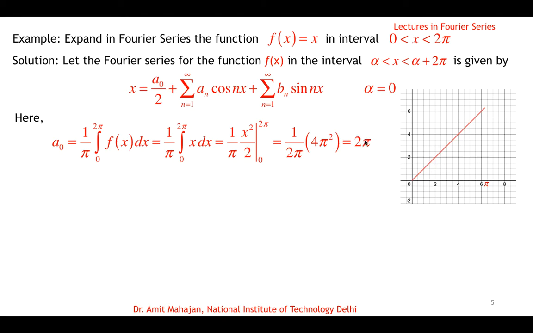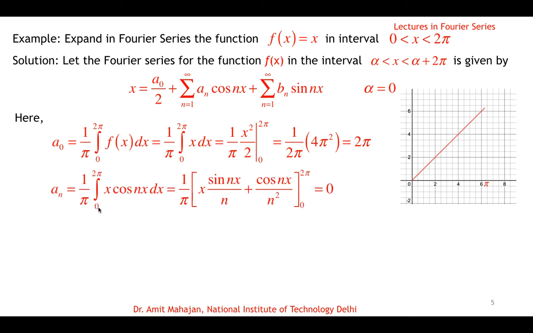For a n we know it is 1 by pi, integration 0 to 2 pi of f(x) cos nx dx, and f(x) is x. So x times cos nx is a product of two terms, so we use integration by parts. First function x, second function cos nx.